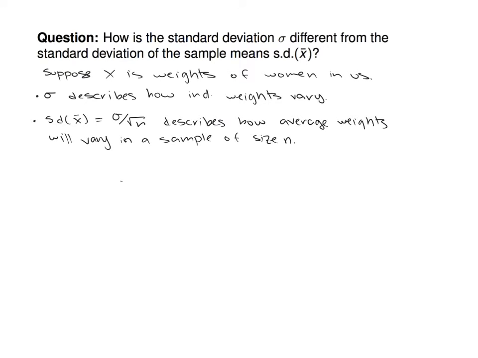So one is talking about individuals, one is talking about averages of groups of a specific size. That's the difference here.